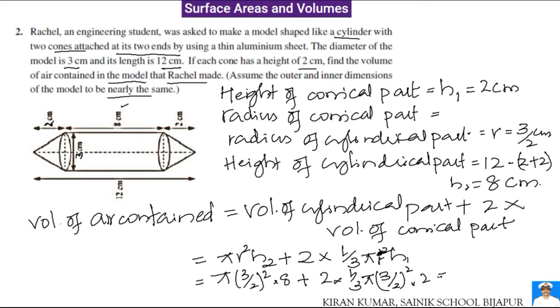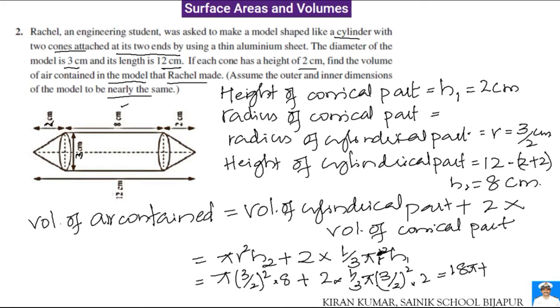We will simplify this. 3 by 2 whole square is 9 by 4. 4 2 times, so 18 pi, plus 3 by 2 whole square is 9 by 4. 2 times, 3 will get cancelled.